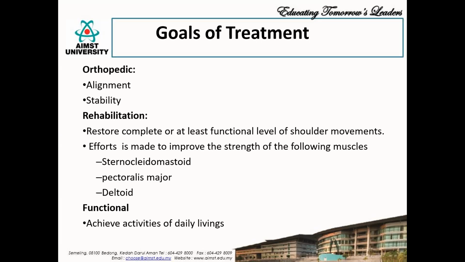And then improving the strength of the muscle, because after immobilization, these muscles go for weakness, right? This I told you, origin and insertion of these important muscles: sternocleidomastoid, pectoralis, and deltoid. So this is very crucial. And then if you correct both functional range of motion and muscle strength, automatically you improve the functional activities, right?